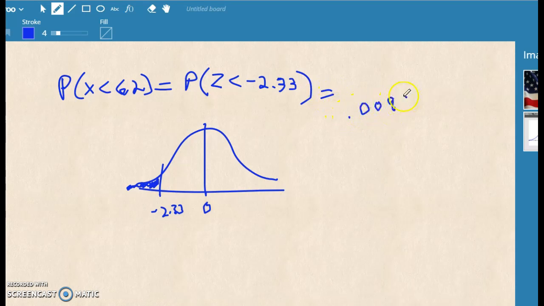Again, that turned out to be roughly 1% of all American male adults being less than 62 inches tall randomly. Okay, so other applications more applicable to your field, examples coming, but that is the overview. Thank you very much.